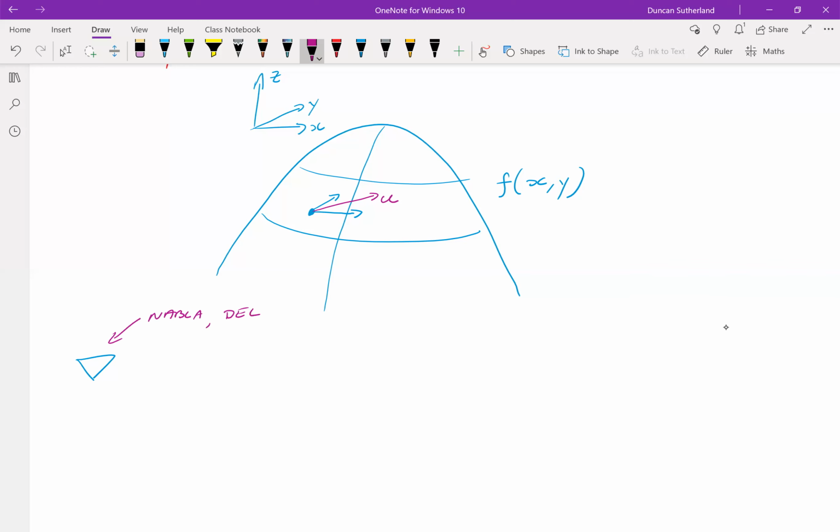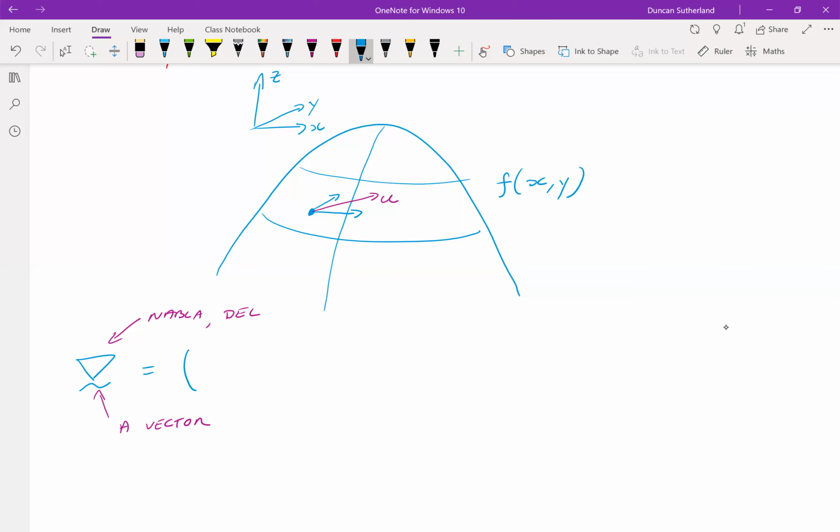Sometimes it's just read as grad, but that's a bit naughty. Grad is a vector. And as such, it's often given twiddle underneath, or it's sometimes given an arrow as a hat.